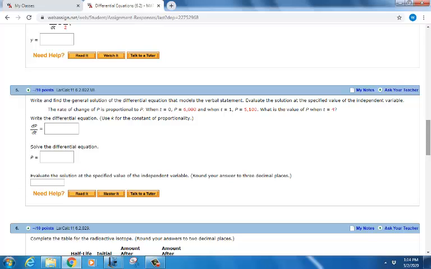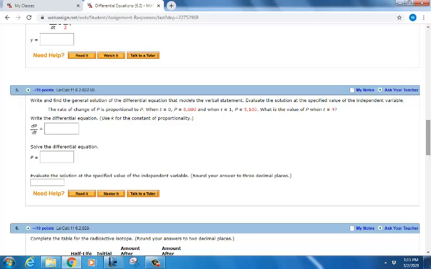So we want to solve this problem. We have the rate of change of this quantity P. You can think of that as a population of some creatures.